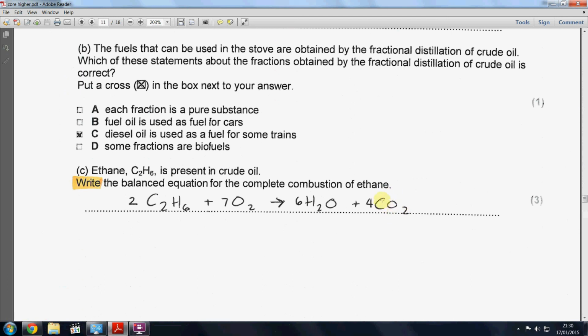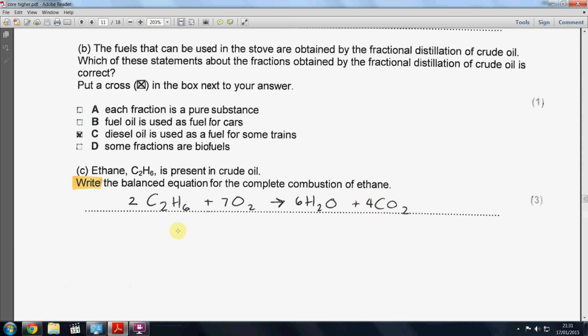So in every single molecule of CO2, I've got 1 carbon. So to make these balance, I'm going to have more CO2s than I've got C2s. So I'm going to have 2 C2s, which gives me 4 altogether, 2 times 2. And I've got my 4 over here matching up.